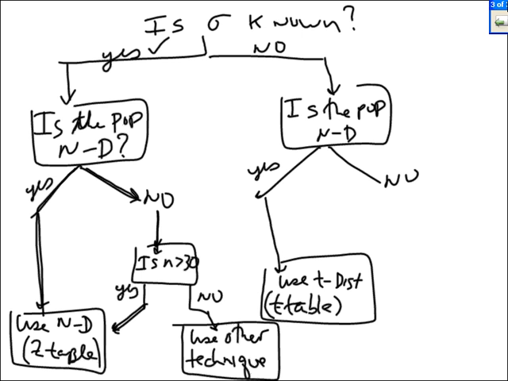If you say no, the population is not normally distributed, then you need to ask yourself a different question. Same question that we did over here. Is n bigger than 30?